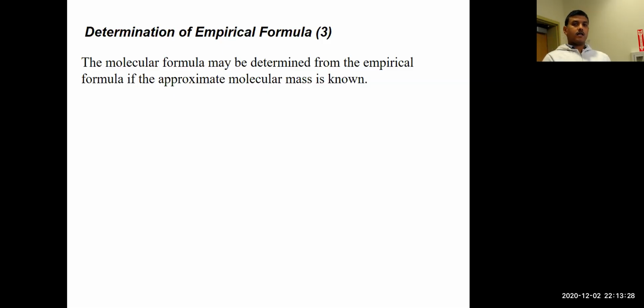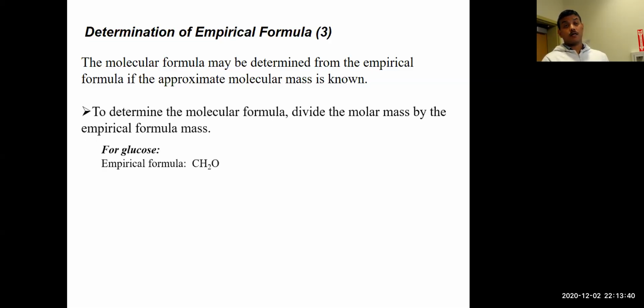And using the empirical formula, you could even identify the molecular formula given you were told what the molecular weight is. Okay, if you know the approximate molecular mass. Let's say you were told that it is glucose and it has a molar mass of 180.